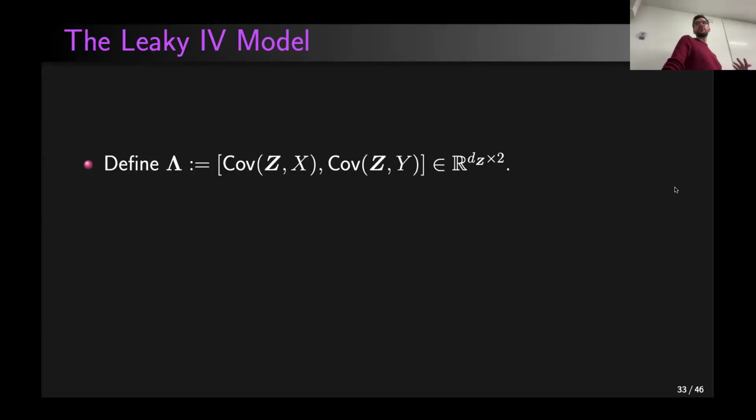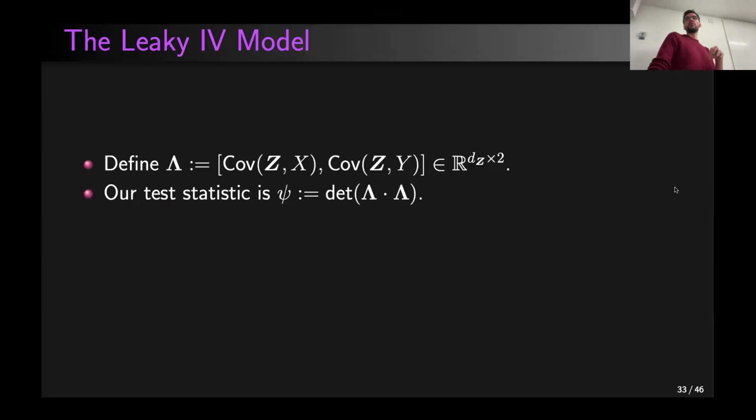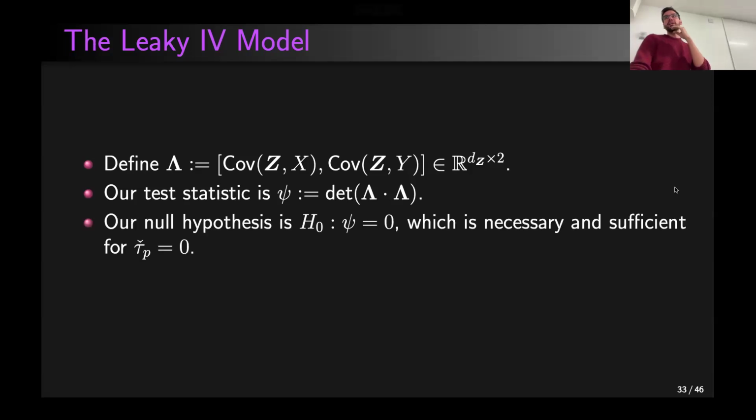So let's define lambda as this dz by 2 matrix that has the covariance parameters zx and zy stacked next to each other. Then the determinant of the cross product is what we're going to call this statistic psi, and it equals 0 if and only if tau check equals 0. So we've now got a summary statistic that tells us if this implication of A3 holds.